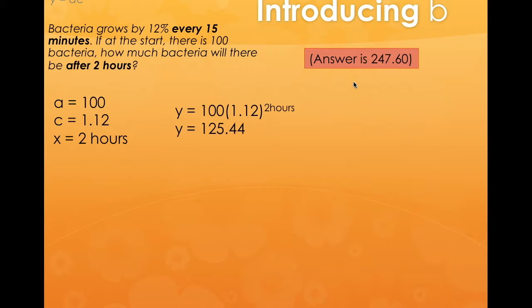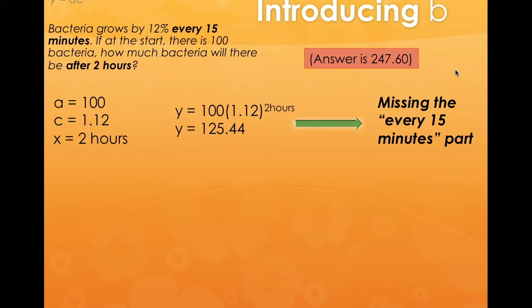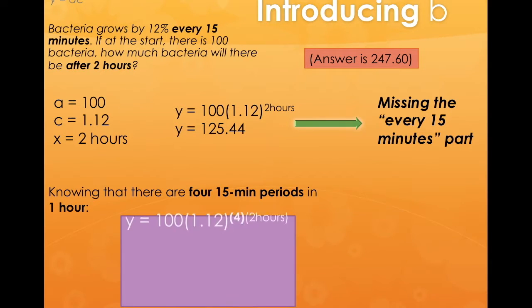But that's not our answer. We know what our answer is. We are missing the every 15-minute part. Now that we know that there are 4 15-minute periods in an hour, how about we multiply the number of hours by 4? Because per every hour, there are 4 15-minute periods. So bacteria will grow 4 times every hour, since it's every 15 minutes.